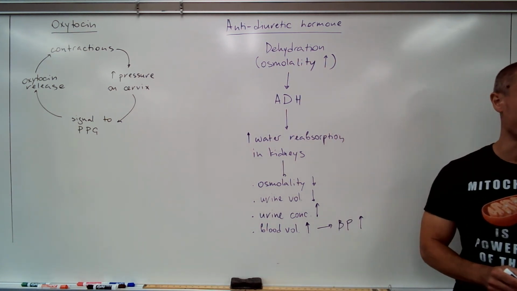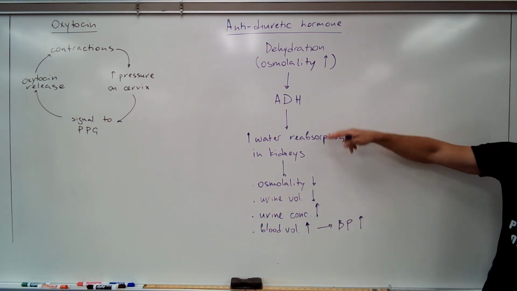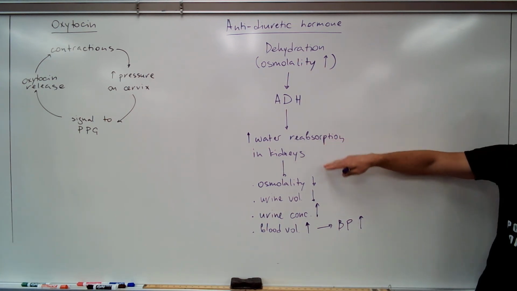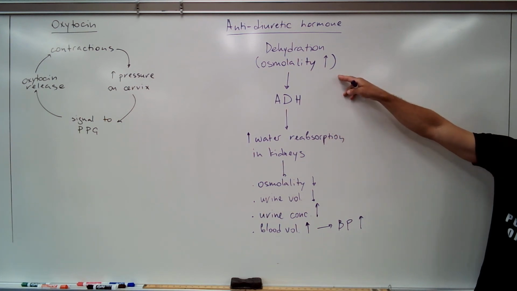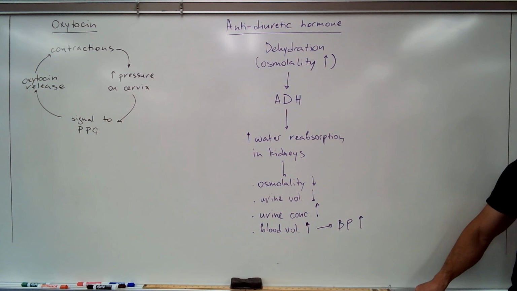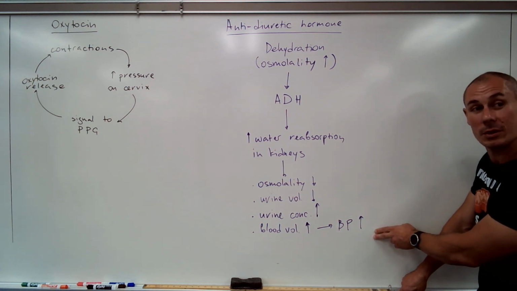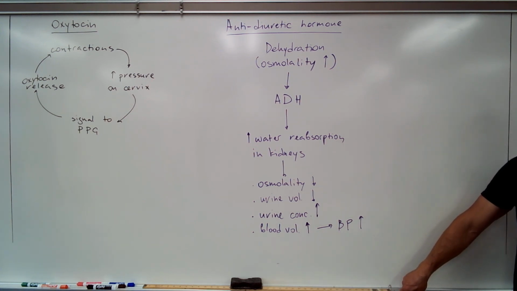So here's my second question. The osmolality thing is a stimulus. But considering other outcomes, what are other stimuli for ADH production? If the resulting effect is increased blood pressure, what can be another stimulus?